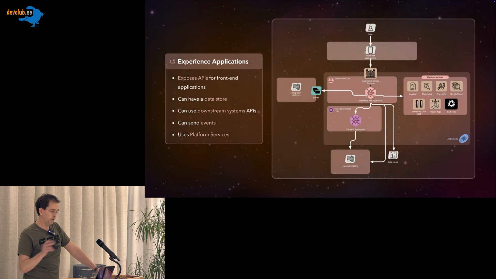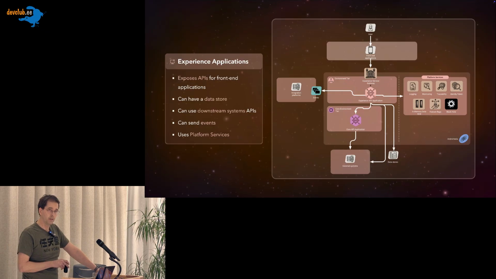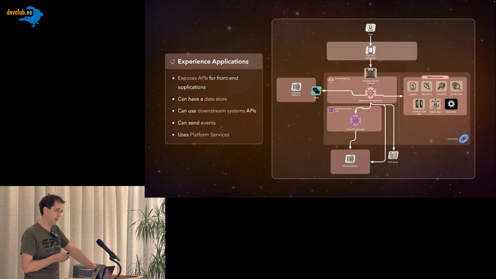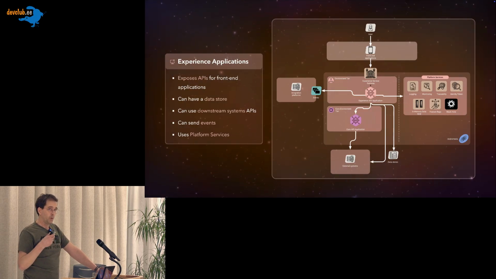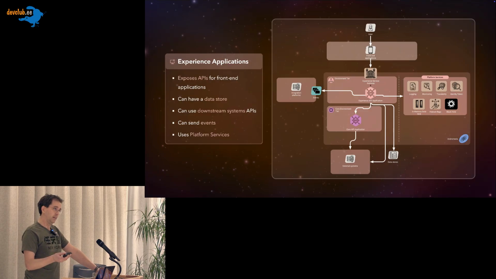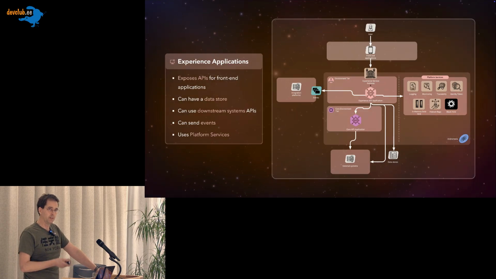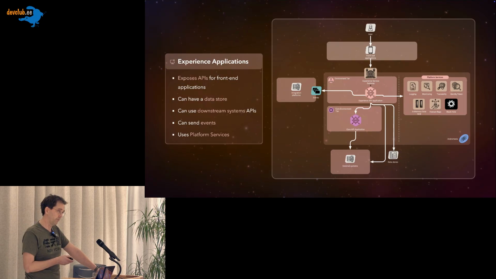Then when we expose things to the front end and the UI part, then we actually have an experience application. So we're talking about more or less the backend for the front end things that we are exposing to them. Otherwise, they are very, very similar. It's just they serve traffic from the front end.